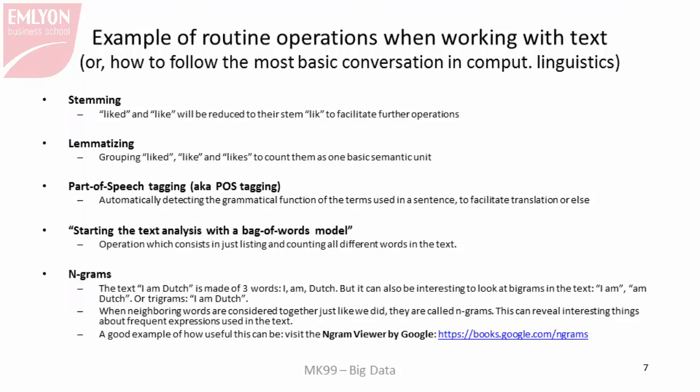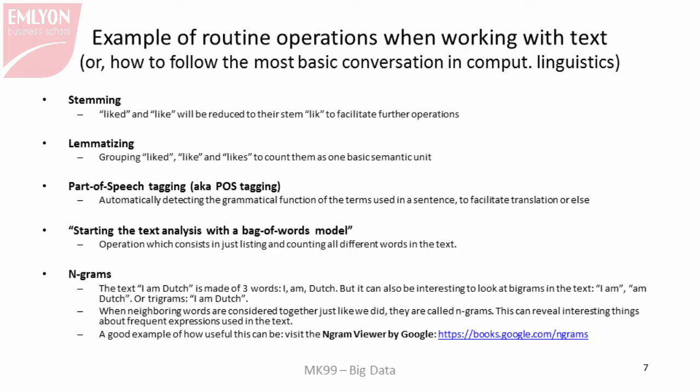So stemming is the simple operation that consists in cutting the last part from each word in the text, which very often can change. It's valid for the English language, the French language, and many other languages.